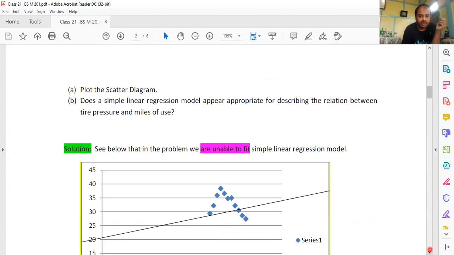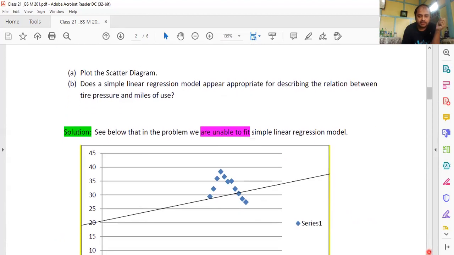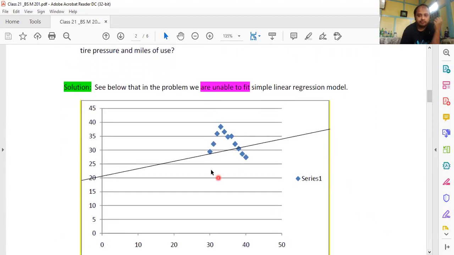So what I have done using the Excel software is that I tried to fit these values of the variable capital Y with respect to the values of the variable capital X, and this type of curve actually emerged. Now, any sane person can say that this curve is actually not linear.